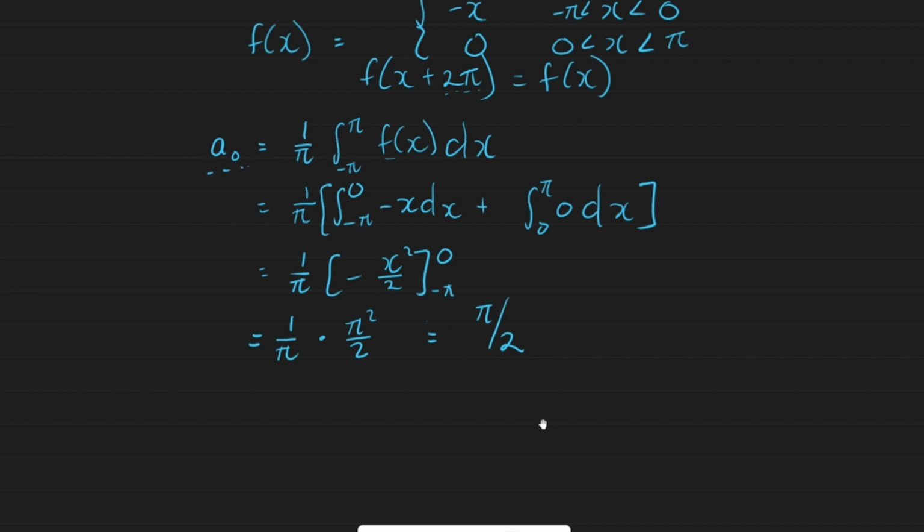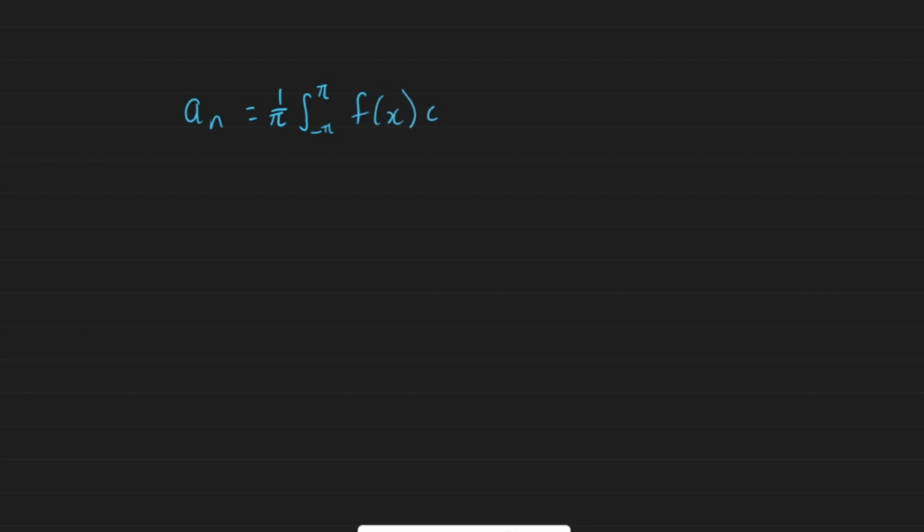So next we determine an and bn. So an, if we remember, is the integral from minus pi to pi, and there's also a 1 over pi in front. And it was f of x times cos of nx. So we do our substitutions.